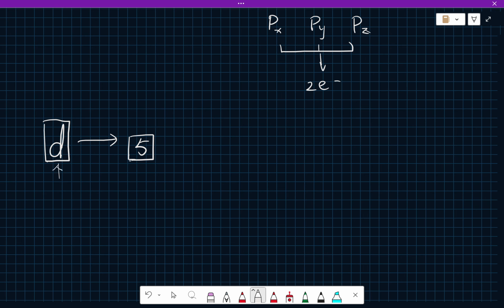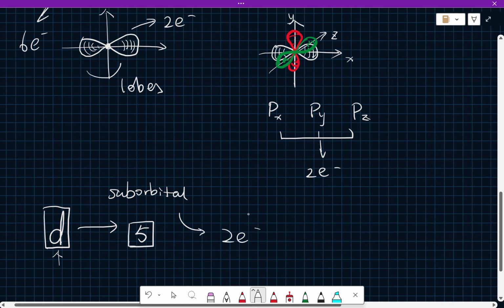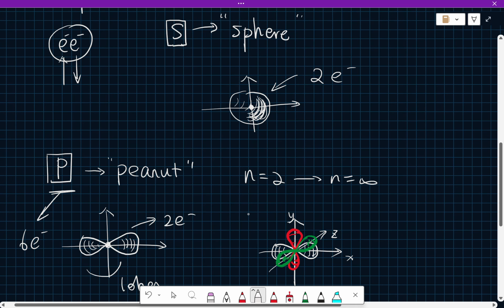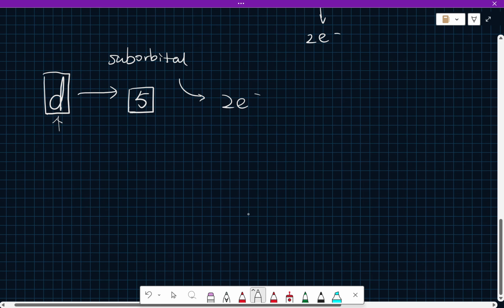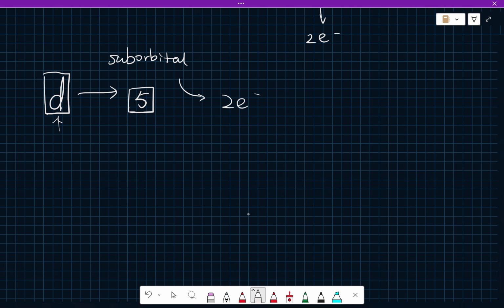And each of the configurations or suborbitals can also hold 2 electrons each. And these 3 orbitals can help us identify the electron configuration for the first 4 periods of elements more accurately.